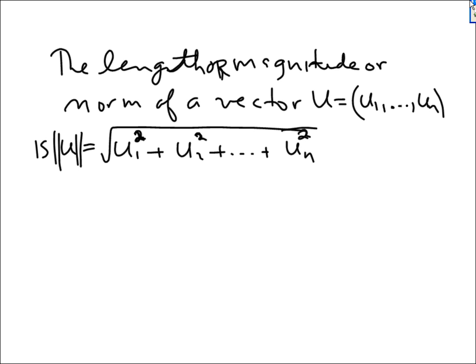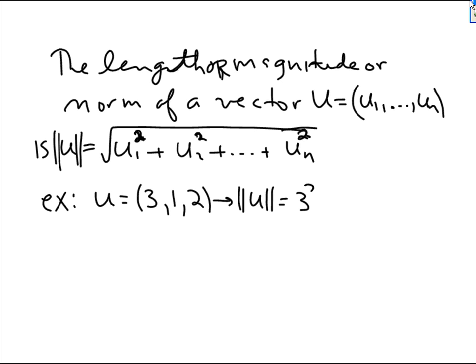So for example, if u is 3, 1, 2, then the length of u is, well, you square the 3, you square the 1, you square the 2, you add them up, put a square root sign over it. If you can say that, you should have it correct on the test.